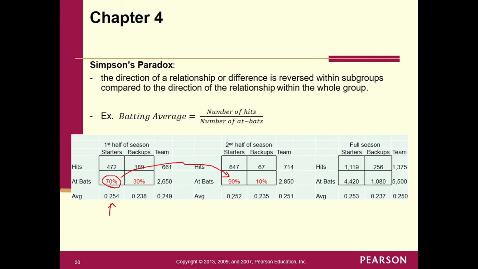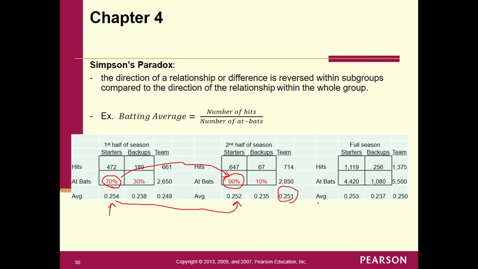And that 90% overcame the fact that their batting average went down from 254 down to 252.